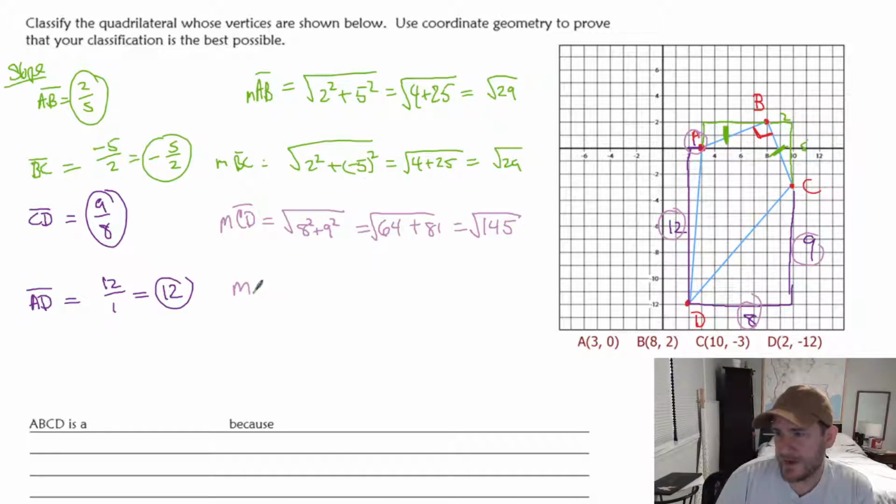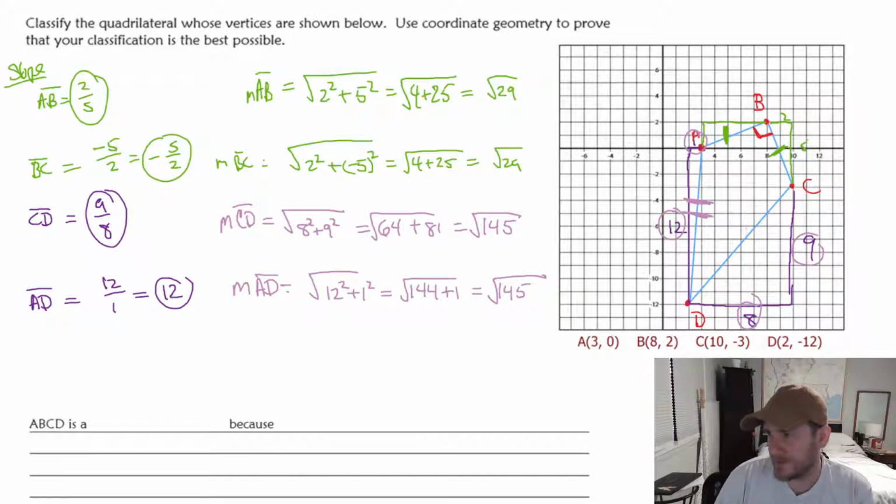Now the measure of AD looks like it might be different because it's 12 squared plus 1 squared. But the math actually comes out to be 144 plus 1, which is 145. So don't get tricked by that, because it does turn out these two sides are the same as well. So we do fit that definition of a kite.